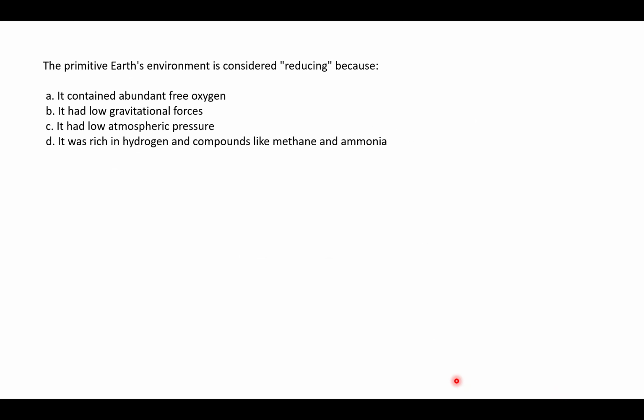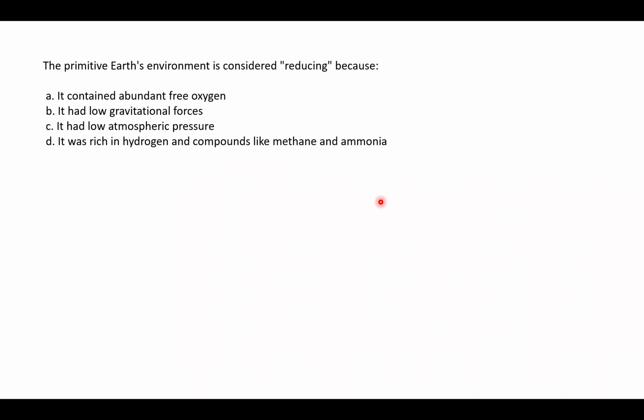Okay, the first one. The primitive Earth's environment is considered reducing because it has abundant free oxygen, or it has low gravitational force, or low atmospheric pressure, or it was rich in hydrogen and compounds like methane and ammonia. Which one do you think?